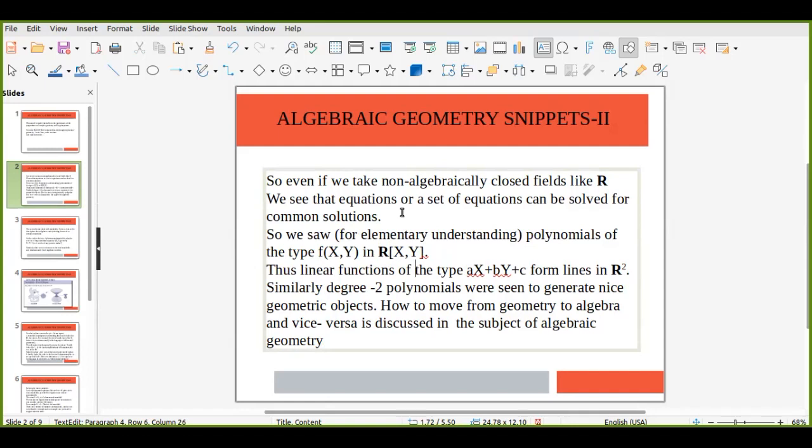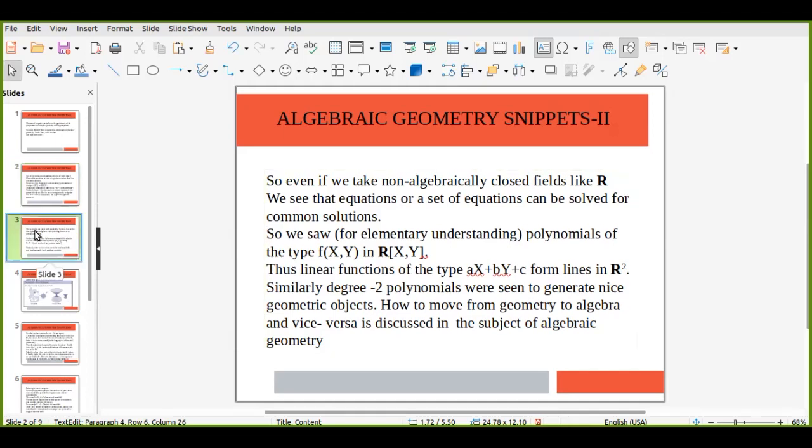Similarly, degree 2 polynomials were seen to generate nice geometric objects like the conic sections if certain conditions are satisfied, that is, if it does not lead to degeneracy. What Professor Patil explained is that they should be irreducible. If they factor into linear polynomials, then they obviously give a pair of straight lines or parallel lines. That's what you saw in the lecture today.